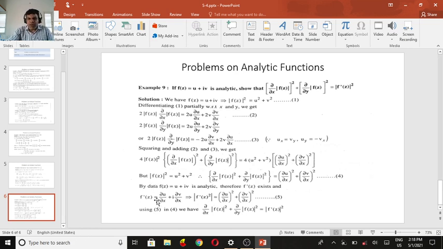But mod f(z) squared equals u squared plus v squared, from equation 1.